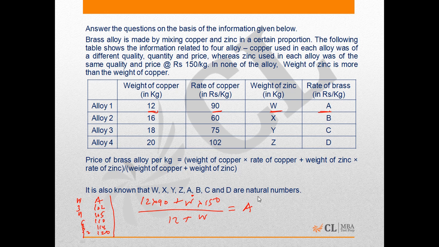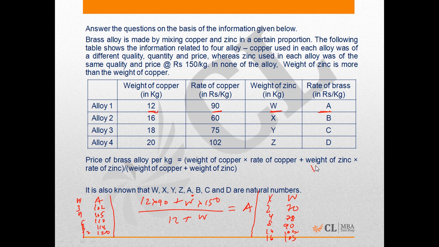Similarly, by using the same formula we can find the values of X and B, which are unknown in alloy 2, and these values are 270, 478, 890, 1402, 16 and 105.